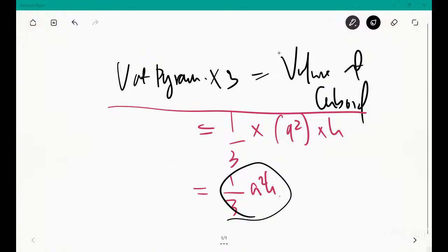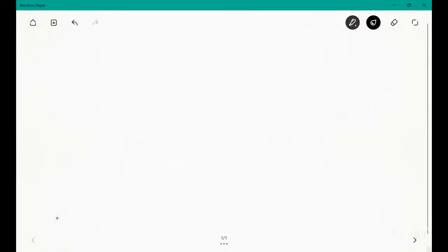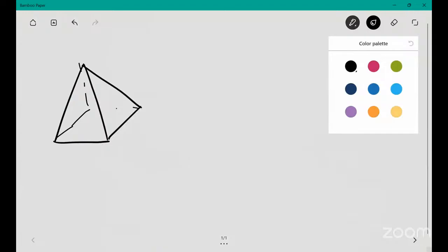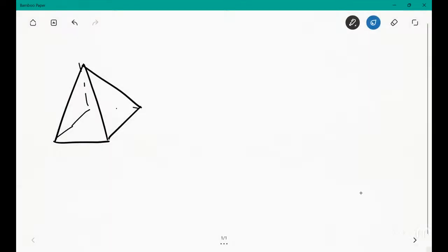Previously, remember, when finding the area, we took this slanted height, the one along the shape, along the triangle. But in volume, you take the perpendicular height, the one in the middle.